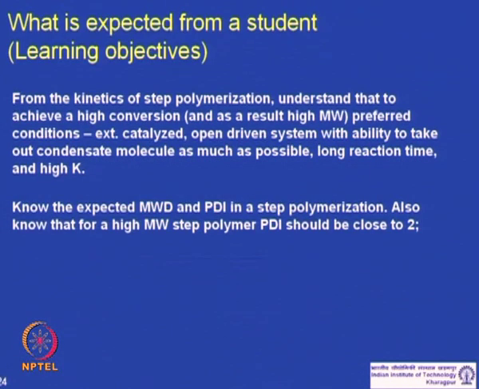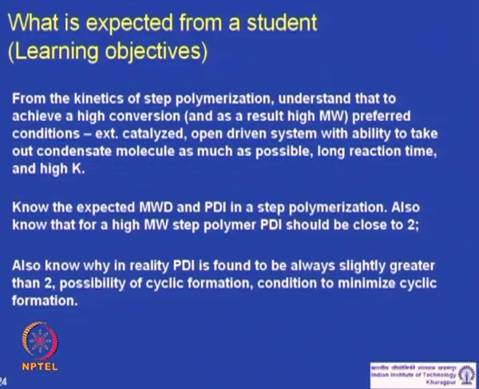A student should know, or is expected to know, the molecular weight distribution and polydispersity index in a step polymerization, and you should also know that for any high molecular weight step polymer, the PDI should be close to 2, or as a matter of fact almost 2.